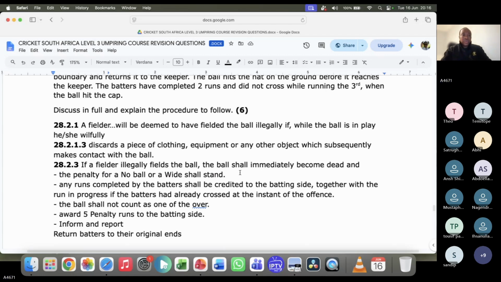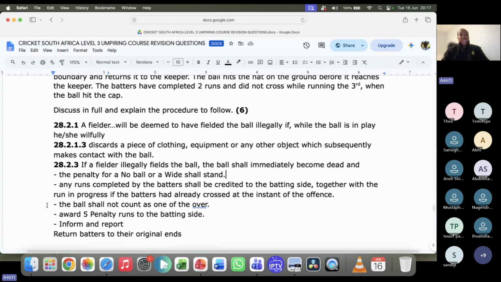Any runs completed by the batters shall be credited to the batting side together with the run in progress if the batters had already crossed at the instant of the illegal fielding. They hadn't crossed for the third in this scenario, so only 2 runs are added to the 5 penalty runs. Very importantly, the ball shall not count as a legal delivery in the over and needs to be rebowled.